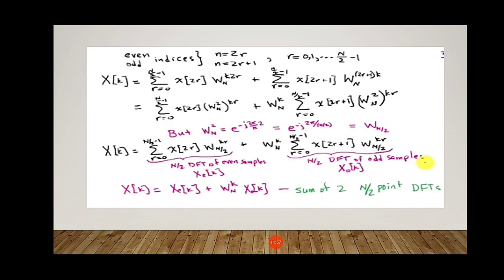Now, if we represent the even samples DFT as X_e of k, X[k] can be written as X_e of k plus W_N to the power k X_odd of k, which is the sum of two N by 2 point DFTs. That means we have broken the N point DFT into two N by 2 point DFTs.